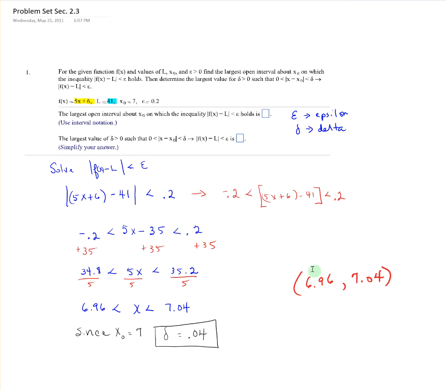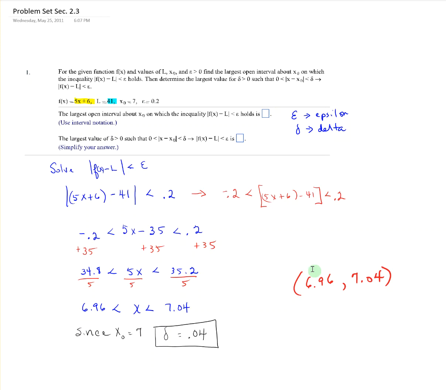There are only 4 problems, and so just be ready, have your calculator, because you will need to do some calculations. Number 1: for the given function f of x and values of L, x sub 0, and epsilon greater than 0, find the largest open interval on which the inequality is going to hold.